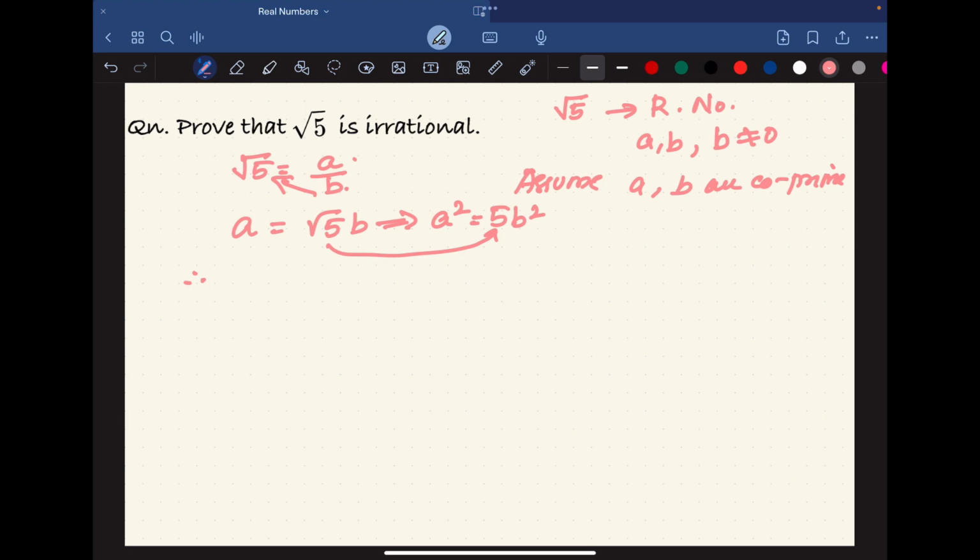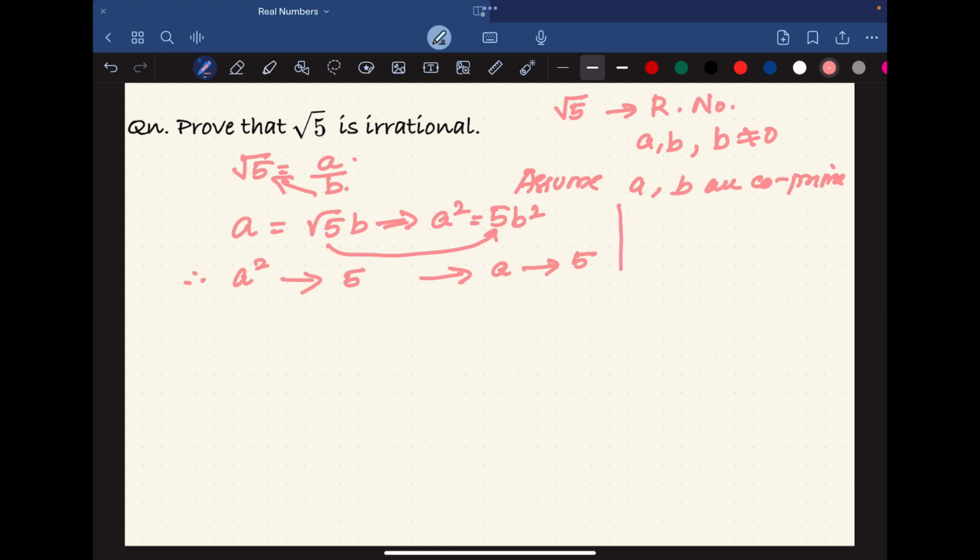I told you in the beginning. We have to apply that, right? The theorem is, let p be a prime number and a be a positive integer, and if p divides a square, then p can also divide a, right? Therefore, we can say here a square is divisible by 5, and it can be said that a can also be divisible by what? 5.